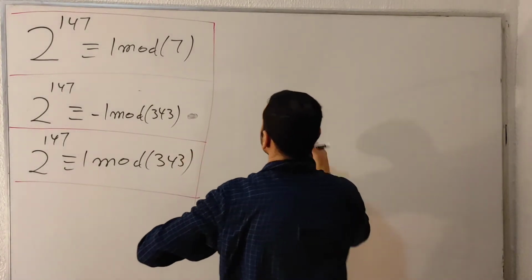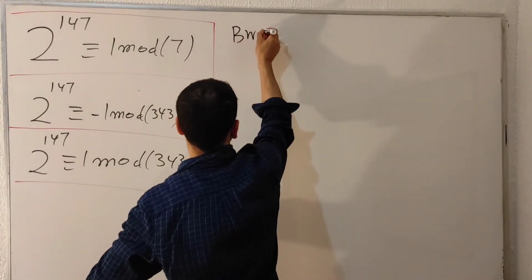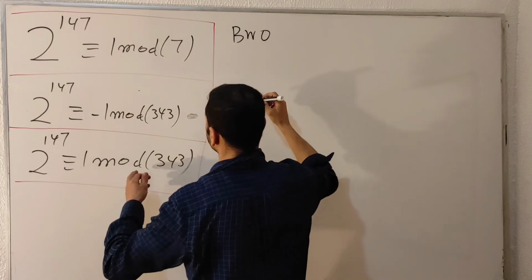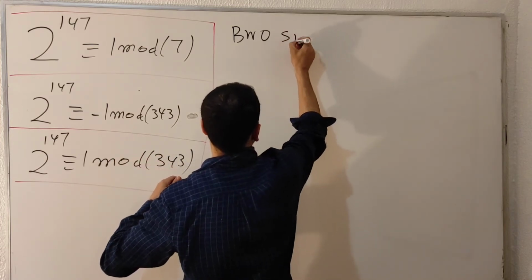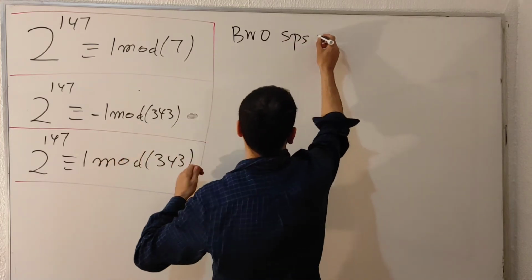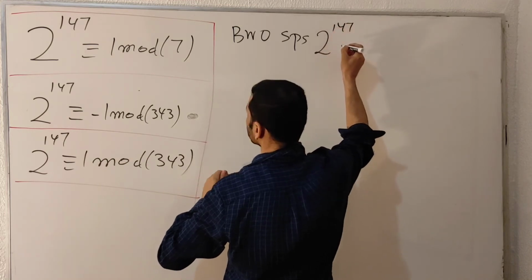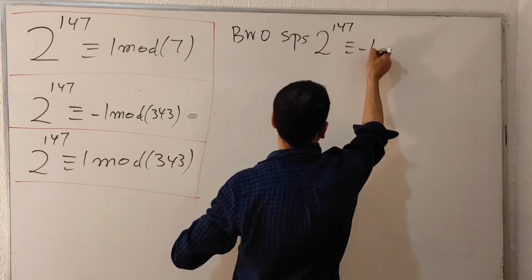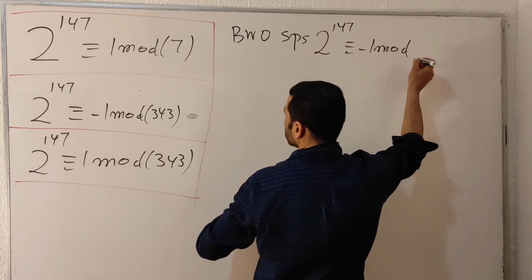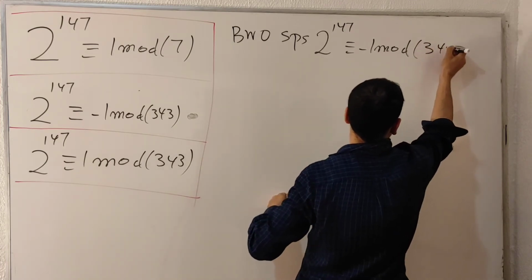So by way of contradiction, suppose 2^147 is congruent to minus 1 mod 343.